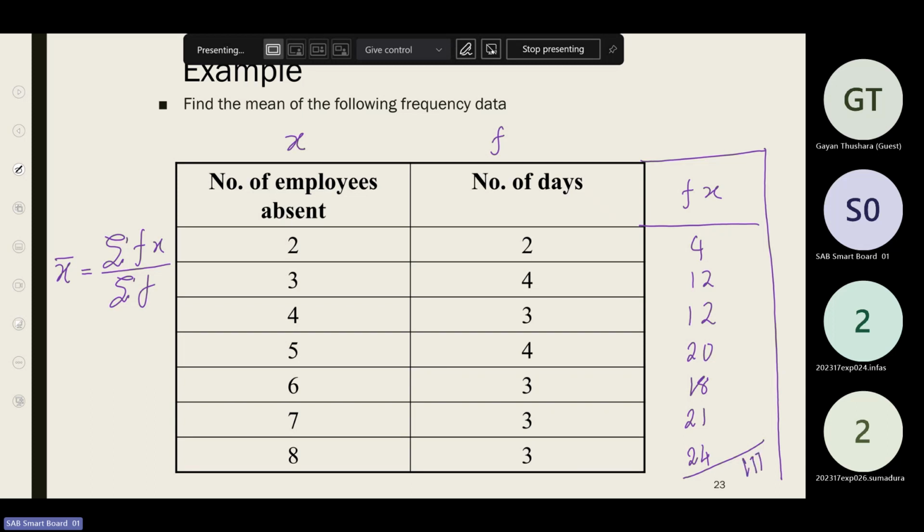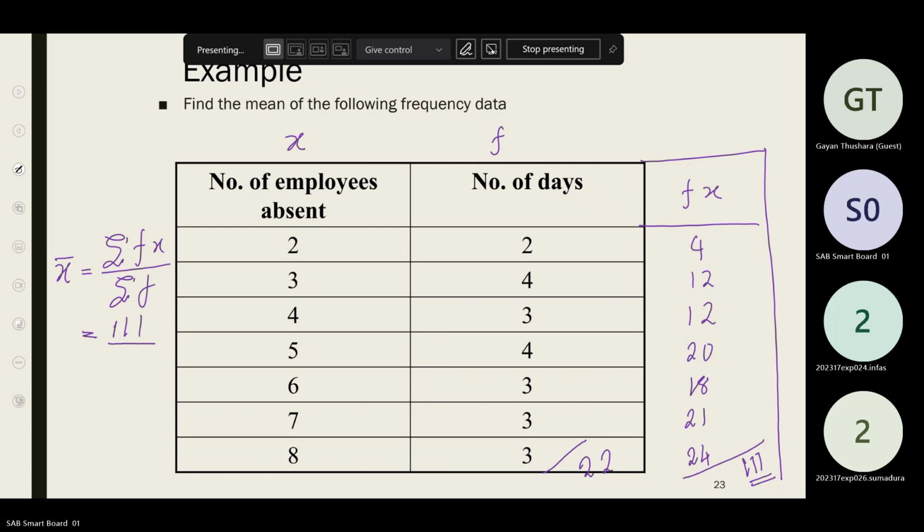So this is 111. And we need the sigma f, 9, 12, 12 and 8, 20, 22. So 111 over 22.